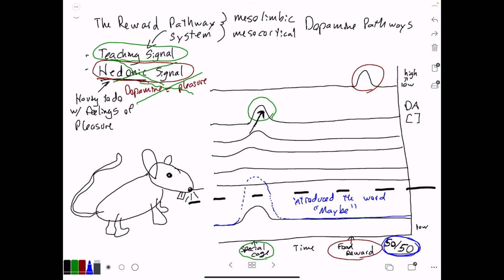And there's a whole industry built around the psychology of people designing gambling games to make people think that their probability of winning is much, much greater than what it actually is. It's actually one in millions.